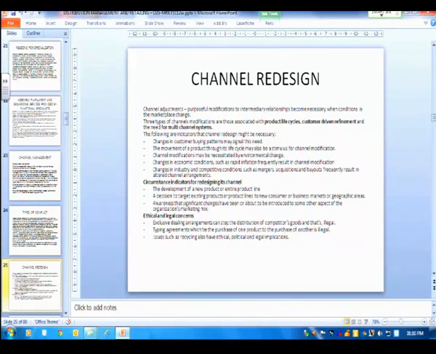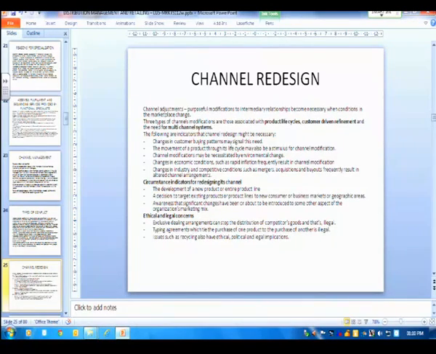There are three types of channel modifications that are associated with product life cycles, customer-driven refinements, and the need for multi-channel systems. The following are indicators that channel redesign might be necessary. So when the following happen, you are able to tell that there is a need for channel redesign.